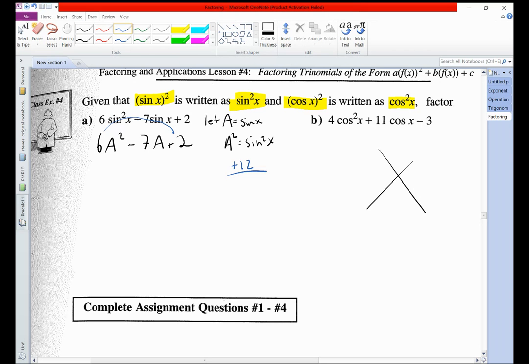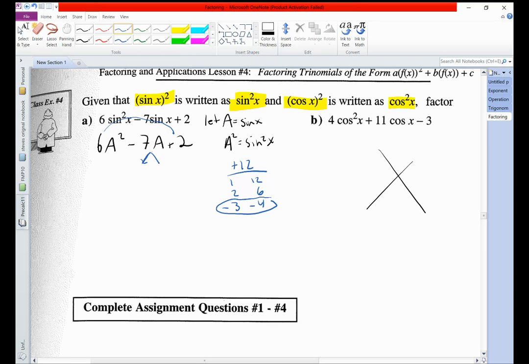I'm looking for two numbers that multiply to positive 12 and add to negative 7. Well, 1 and 12, 2 and 6, 3 and 4. 3 and 4 add to positive 7. What about negative 3, negative 4? Those multiply to positive 12 and add to negative 7.